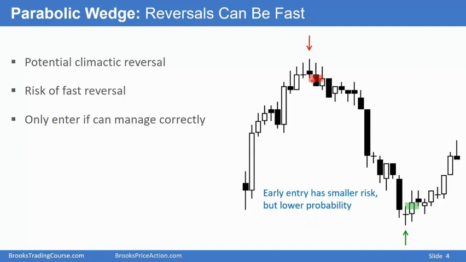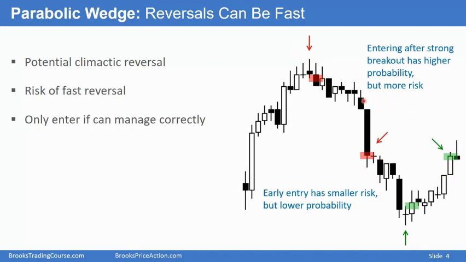If you take the first entry, entering here, your stop is up here, the risk is small, but so is the probability. If you wait until there's a strong breakout, a pair of consecutive bear bars, you have a higher probability of at least a small profit, but if you take this short, your stop is here or maybe even here, so you're risking more.